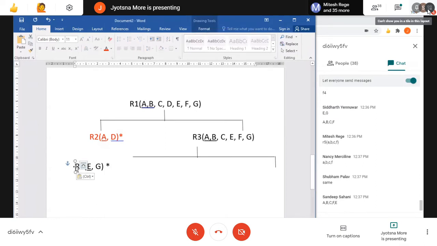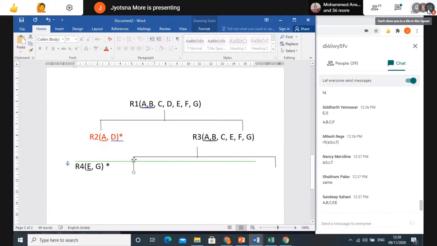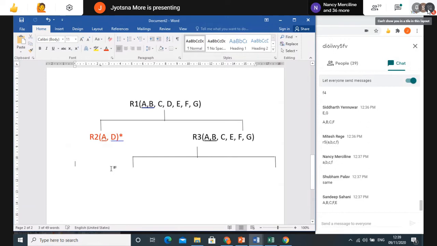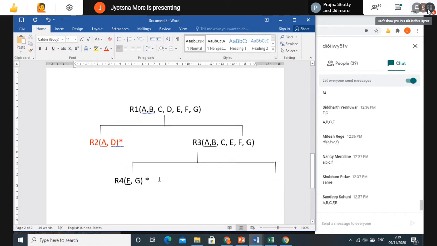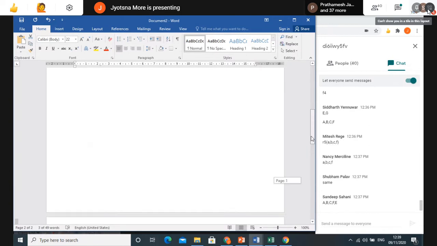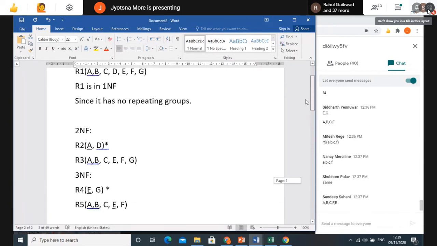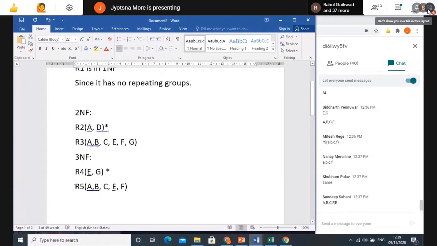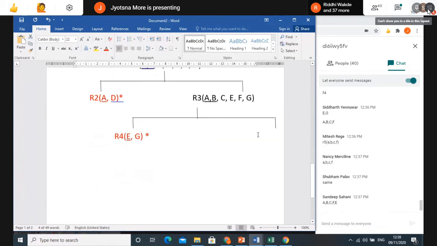So we got R4 and R5 now. R4 is final because we cannot further divide it by any other dependency. So we are keeping it as it is. Now we have R4 and R5. So R4 is my final. I'm making it red. Next, write down after this: R4 and R5 are in 3NF, because there is no further transitive functional dependency present over there, right?